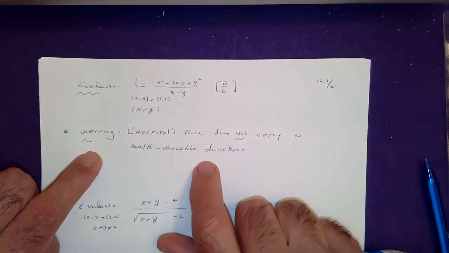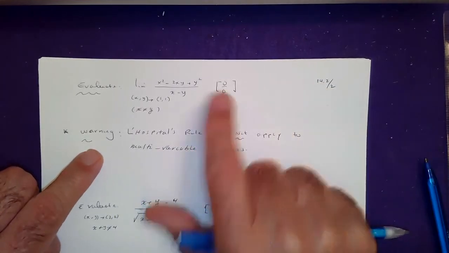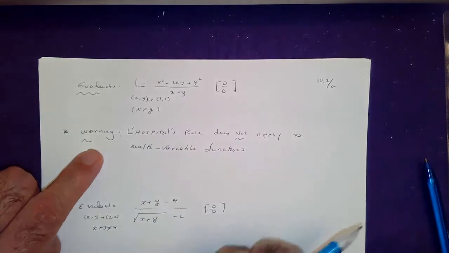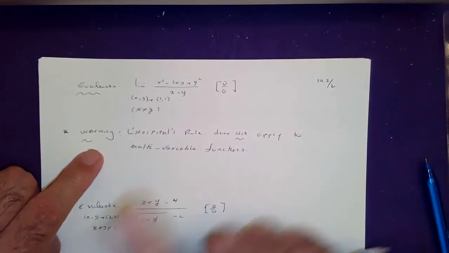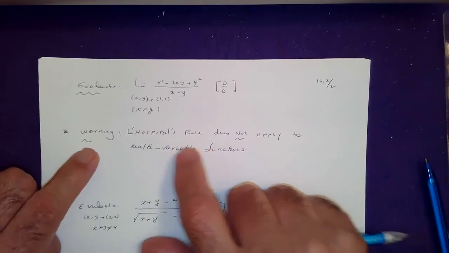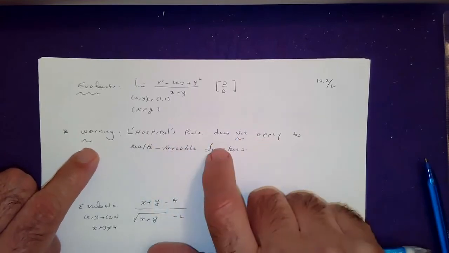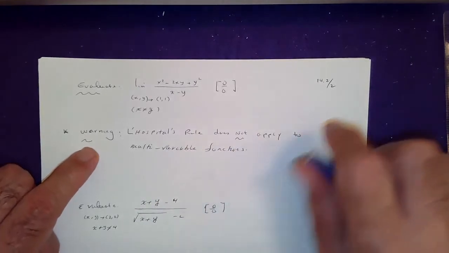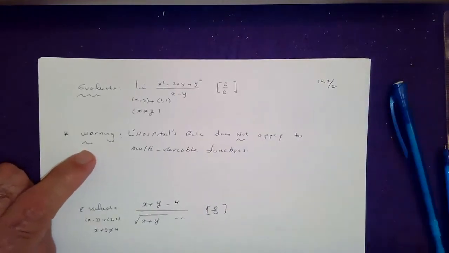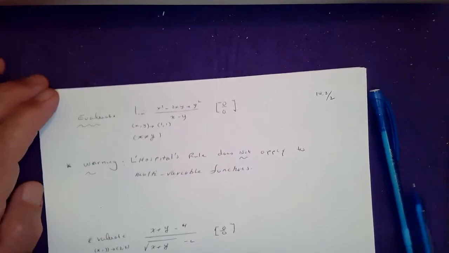Sorry, guys. I know when you had this form in single variable, you took the derivative of the top, the derivative of the bottom, took the limit, bang, you got the answer. Unfortunately, L'Hopital's rule does not apply for multivariable functions. So we have a problem.